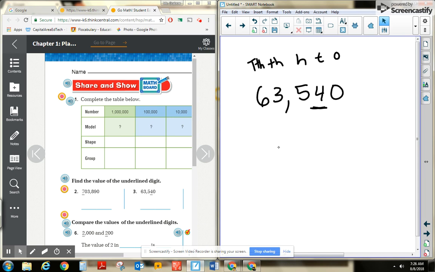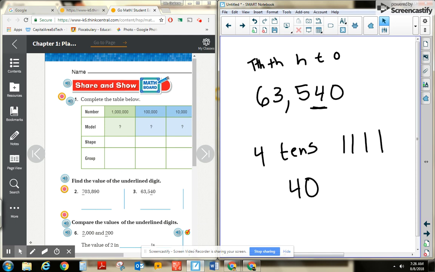So I'm looking at this 4, and the value is not just 4. That's not what this 4 represents. The 4 is in the tens place. So I have 4 tens, 10, 20, 30, 40. So 40 is my total here.